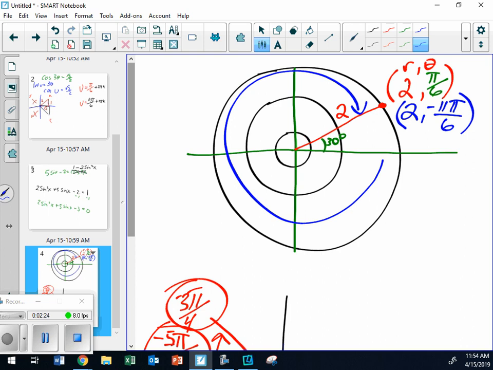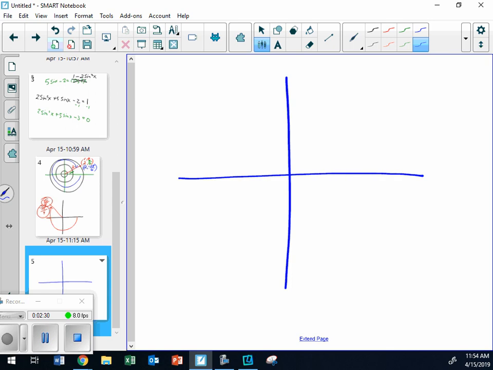All right, let's see if you really caught that. I'm going to give you a new one. Let's say you had to get right here, and this is a 45-degree angle, and let's say this distance is 4. My question is, how would you say this point in polar, which is r comma theta?